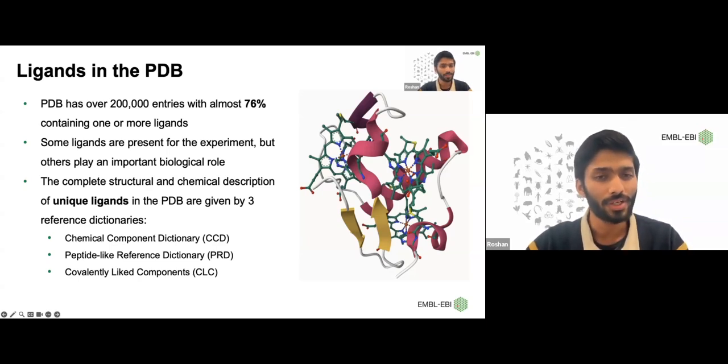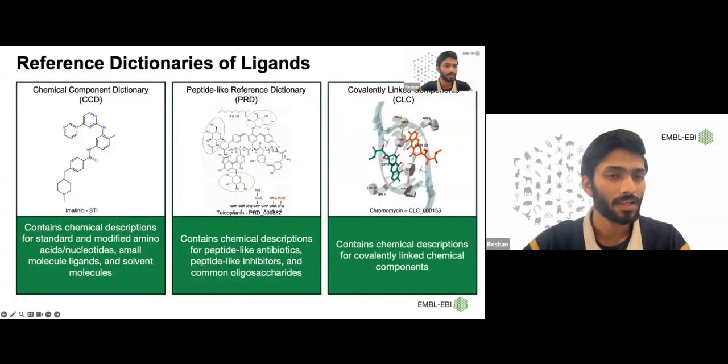The complete definition of all the unique ligands present in the PDB is mainly given by three reference dictionaries: the Chemical Component Dictionary, in short known as CCD, the Peptide-like Reference Dictionary, known as PRD, and Covalently Linked Components.